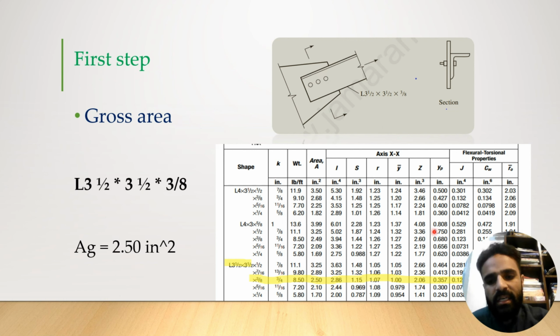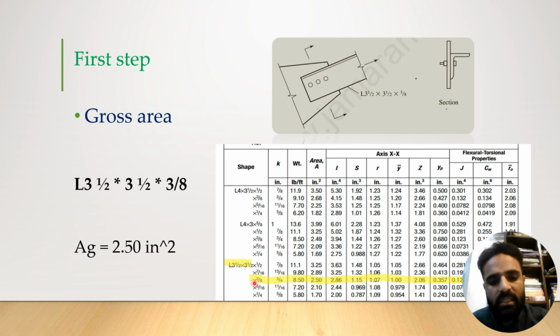Here is a screenshot from the steel manual for the section L 3.5 by 3.5 by 3/8, where 3/8 is the thickness. The gross area for this will be 2.5 inch square. Remember this. How do we get that? You should go to this section shape.